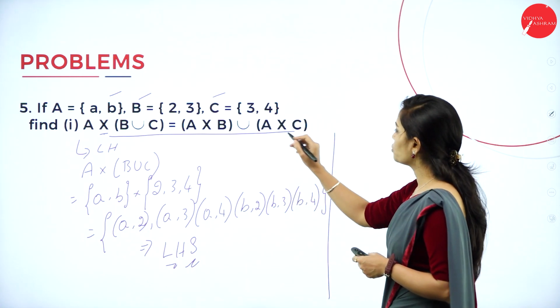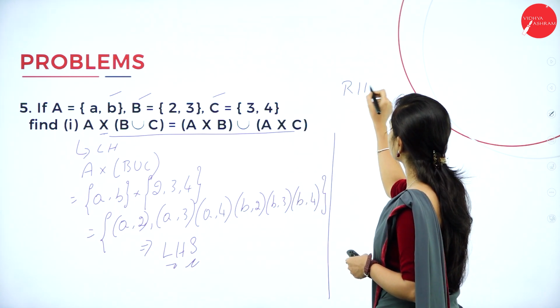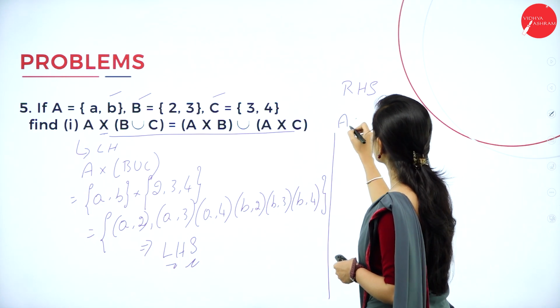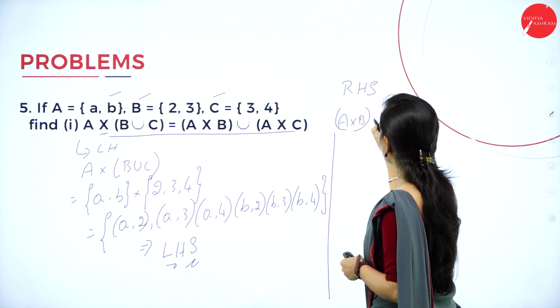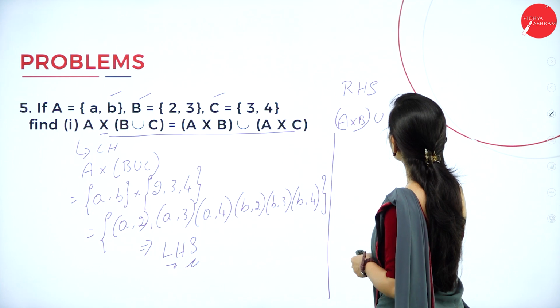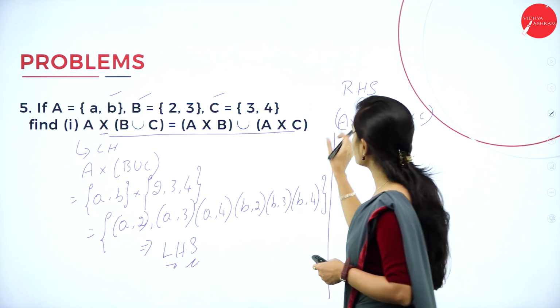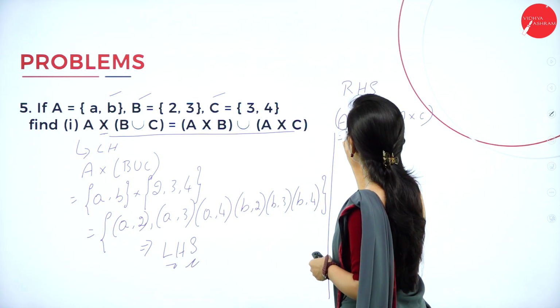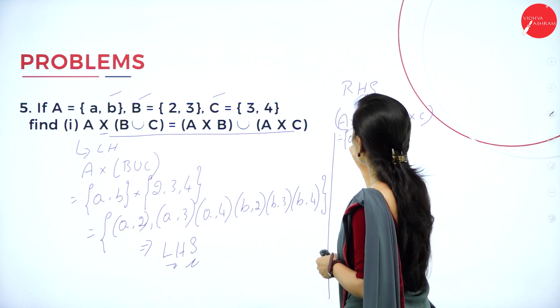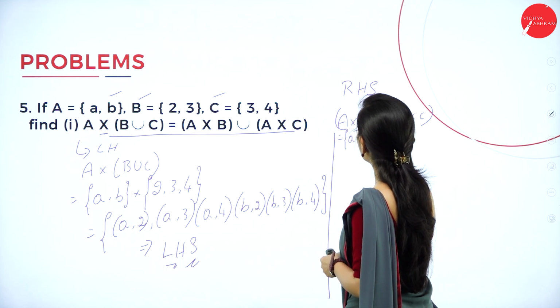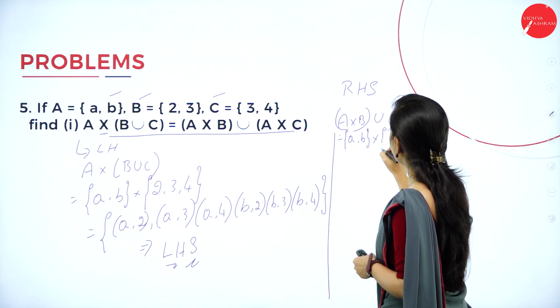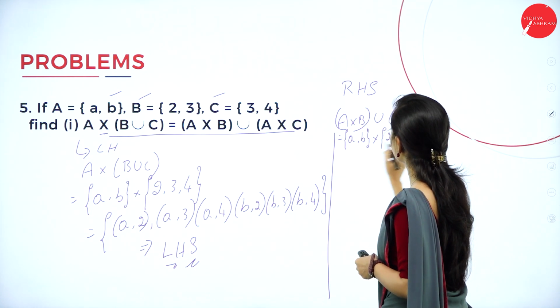Now prove the RHS value. RHS is A cross B union A cross C. So what is A cross B? First write the set elements of A and B. A is {a, b} and B is {2, 3}.